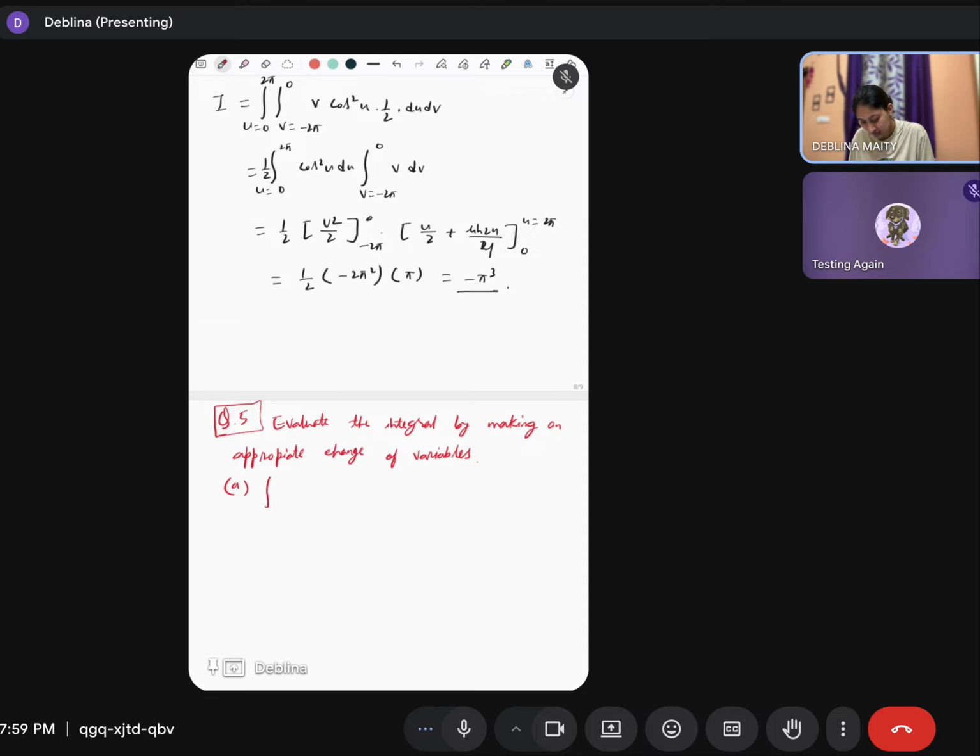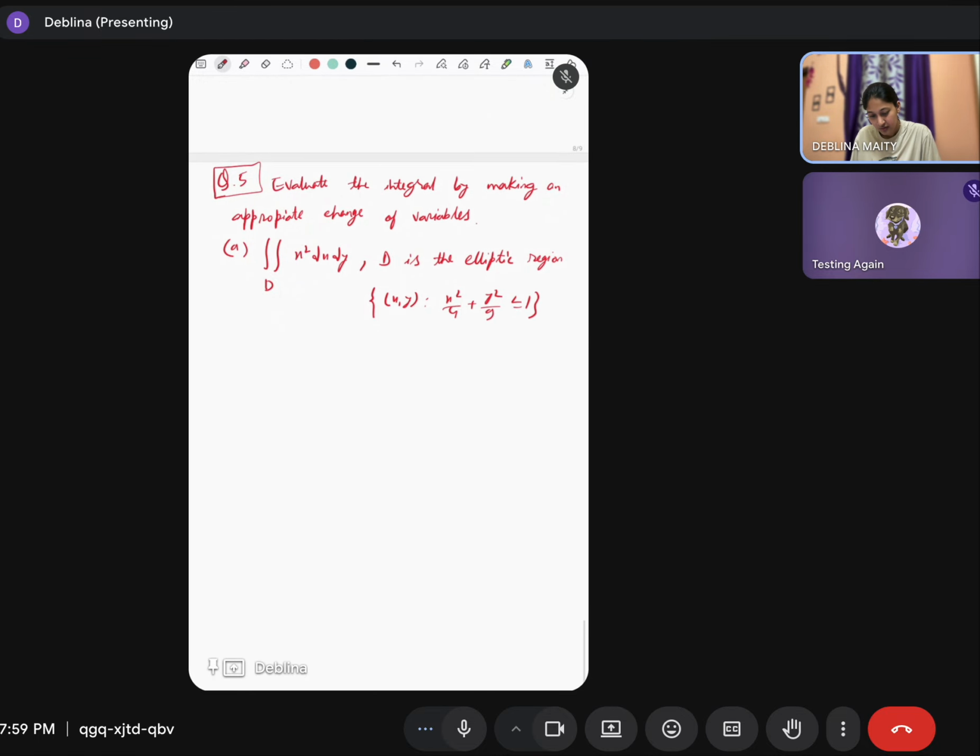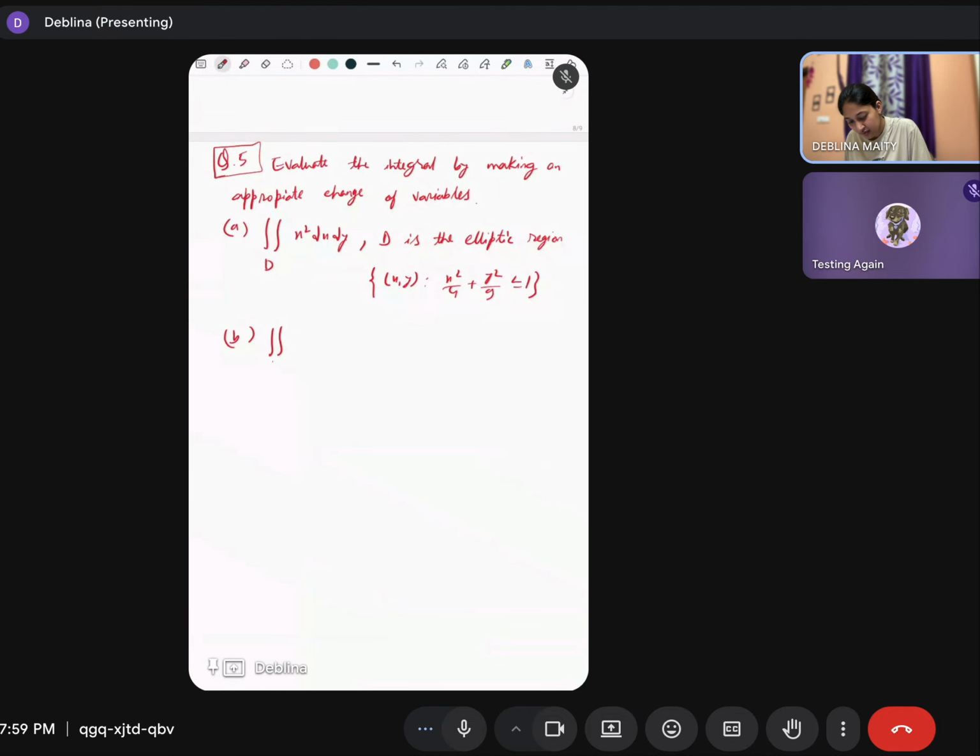So the first one is the integral over D of x square dx dy, where D is the elliptic region, and the second problem is the integral over D of y square dx dy, where D is the region bounded by the curves xy equals 1, xy equals 2, xy square equals 1 and xy square equals 2.